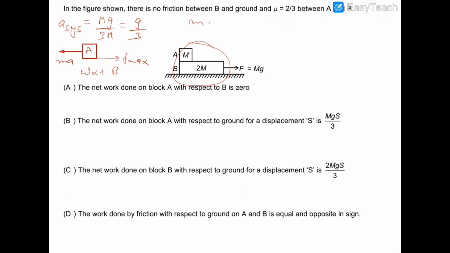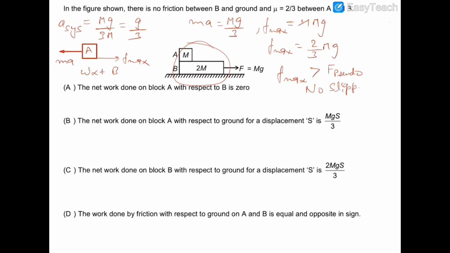Now this ma pseudo force is equal to mg upon 3, and the maximum friction which can act is equal to mu mg. So F max is equal to 2/3 mg. So I can say that F max is greater than pseudo force. So friction is sufficient to prevent the slipping between the blocks, and therefore there will be no slipping.